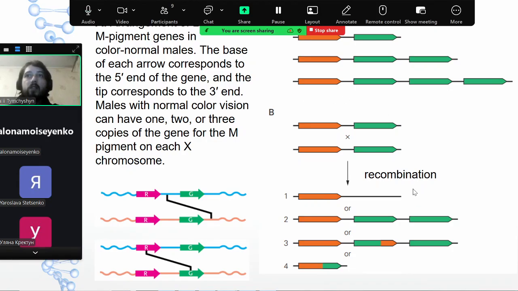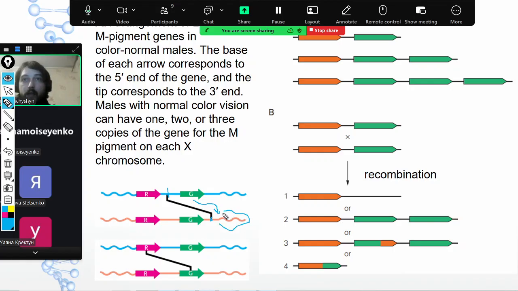But what happens if a recombination goes wrong? Here you see an example like these genes are recombining, so this part gets attached to this point, while this part and everything that goes there gets attached to this point.